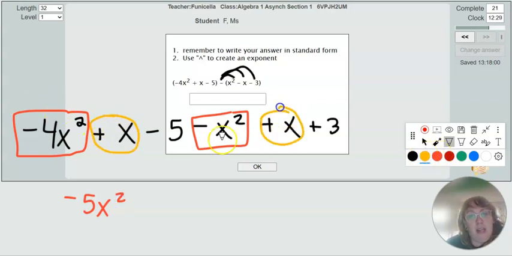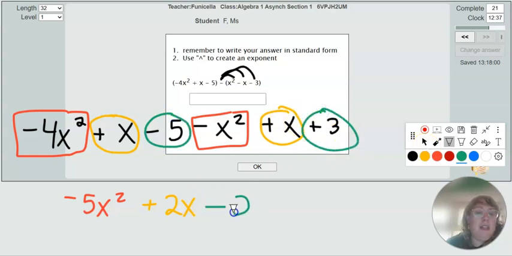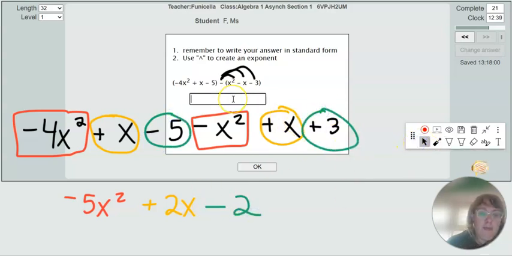X plus another x is a positive 2x. And then negative 5 plus 3 is a negative 2. So make sure you got that all typed in there, my friends. And when you're all set, hit OK.